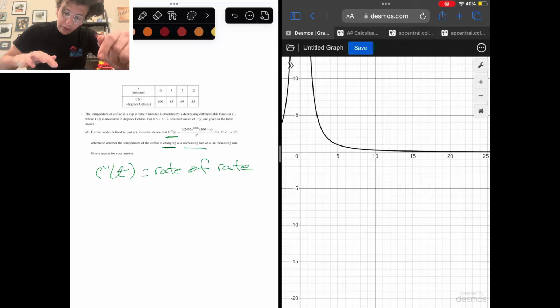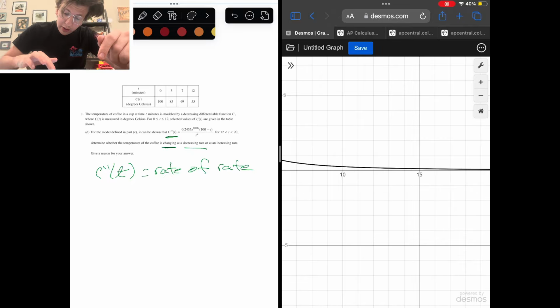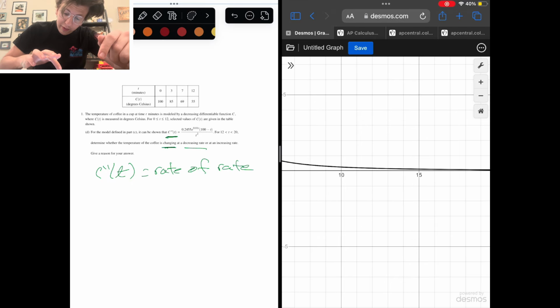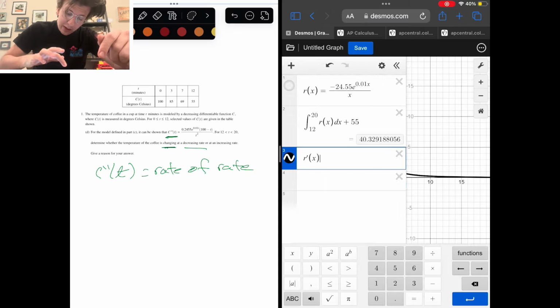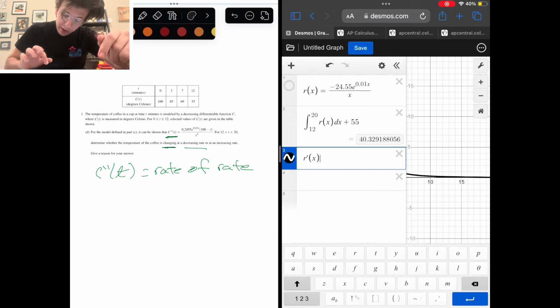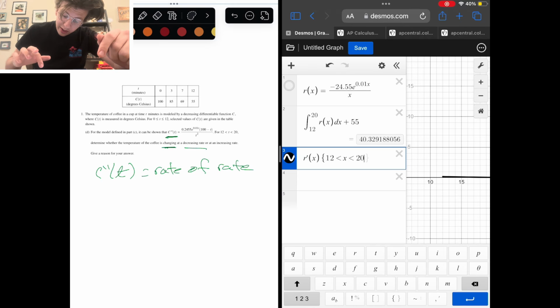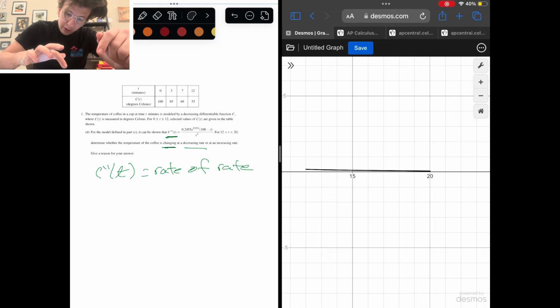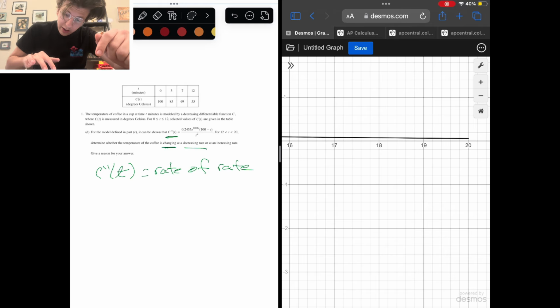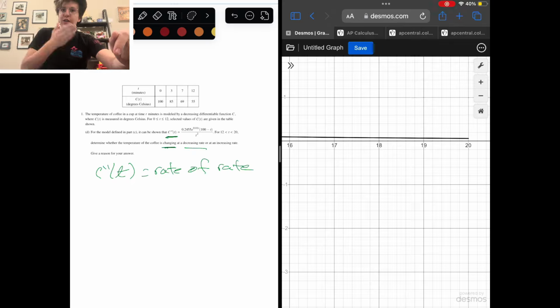I'm looking from 12 to 20, so let's put brackets: 12 is less than x, which is less than 20. So I'm restricting that domain here for Desmos. And notice that that whole time, our second derivative is going to be positive.